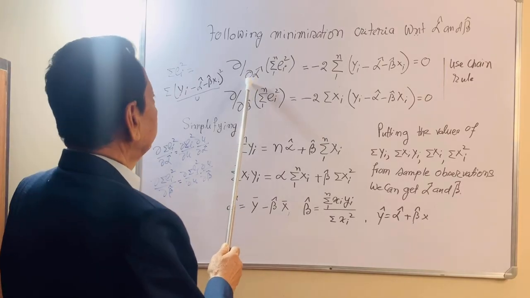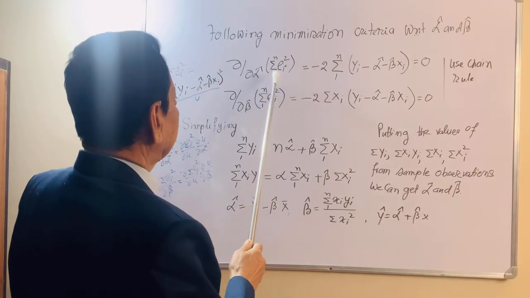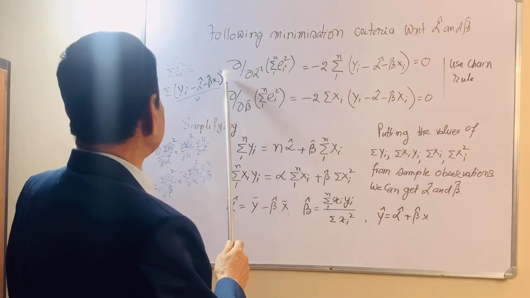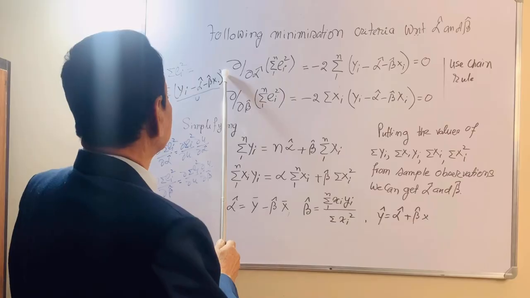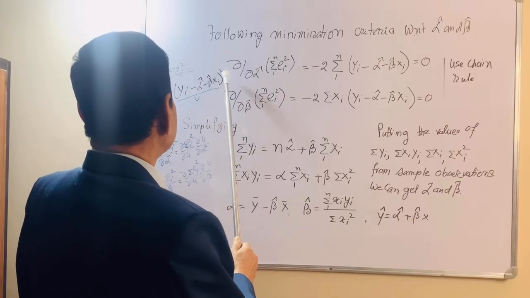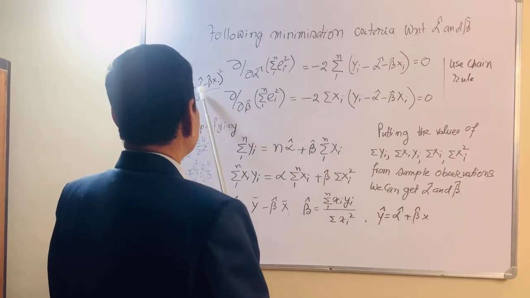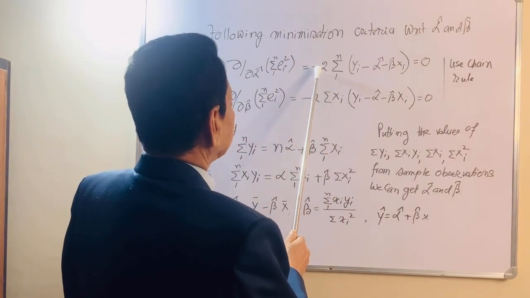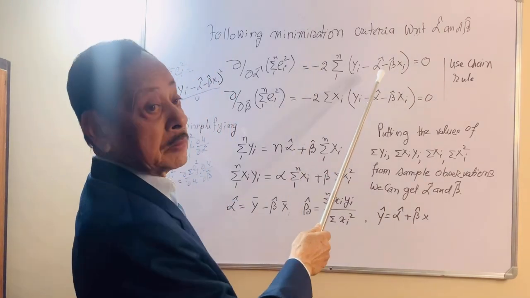So when we take the partial derivative with respect to alpha, it is minus 2 because it is a square. It is u square, so that means 2u, and the derivative of u with respect to alpha is minus 1. So minus 1 is coming here, and it has become minus 2. You can do the homework.